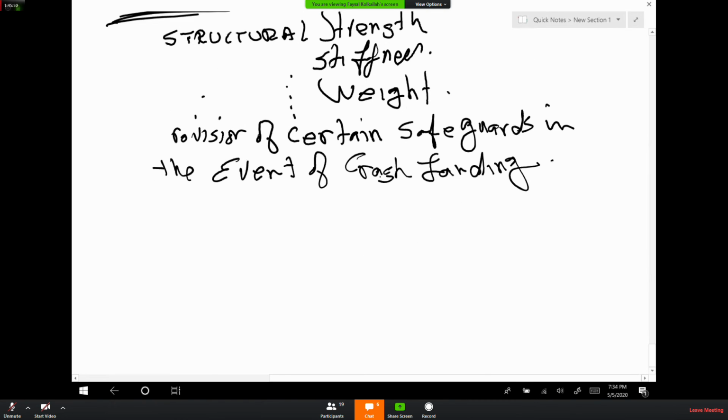So really that's the concern, or that's kind of a specialty of airworthiness, and really aeroelasticity is concerned about it.